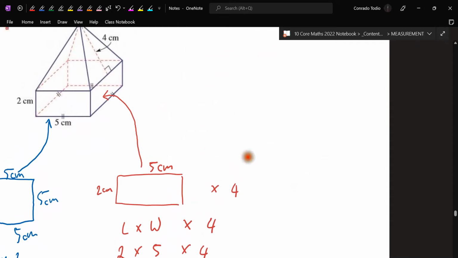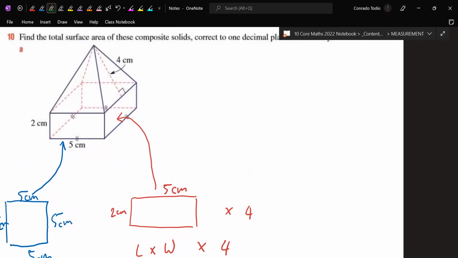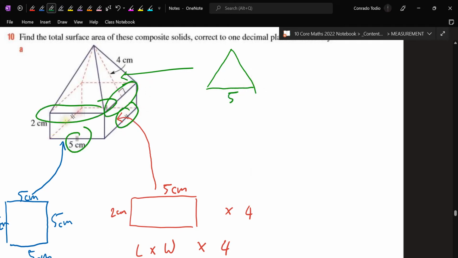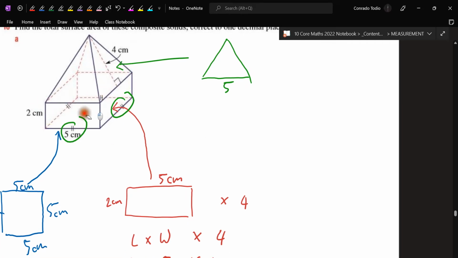Okay, and the last one are these triangular faces. So again, there's 4 of them. Okay, so remember, you can draw it if you want to. I'll draw it for you guys. So the base is going to be 5 because all these bases are 5. It corresponds with the bases of the triangle. So we're going to use 5 as our base. And the height, okay, is 4 according to that diagram here, or that length there.